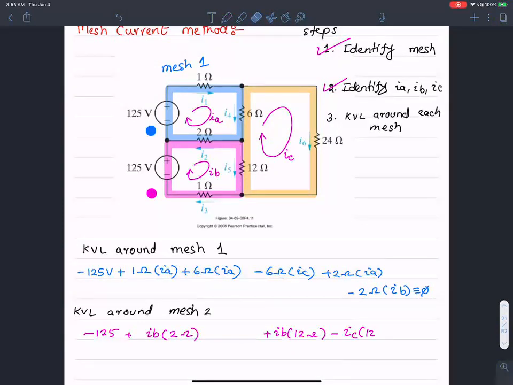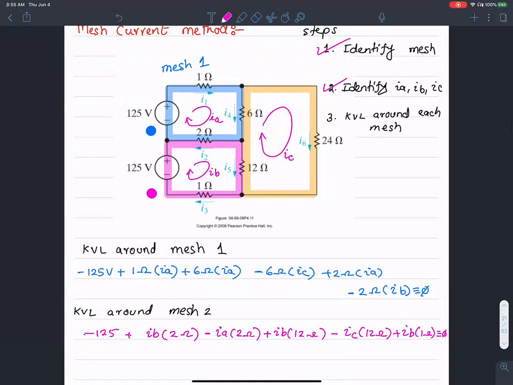Plus IB times 1 ohm. All of that equals 0. And I forgot, I believe it's minus IA times 2 ohms. Okay, all of that is 0.